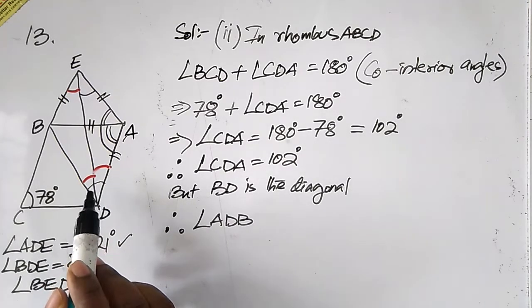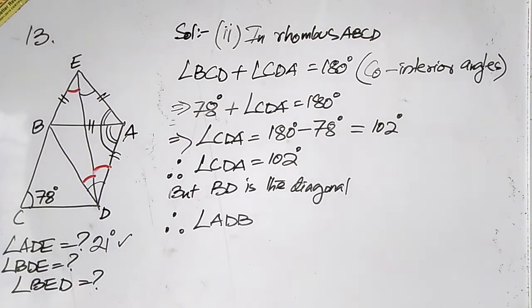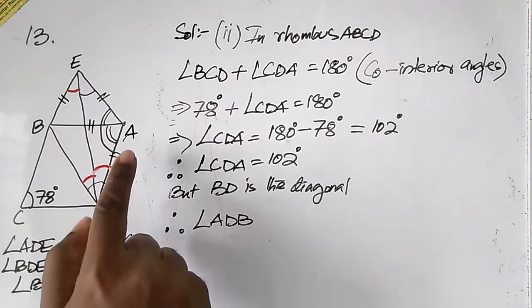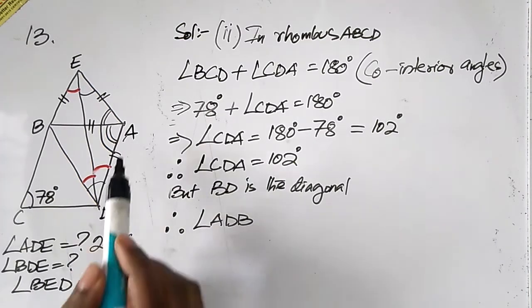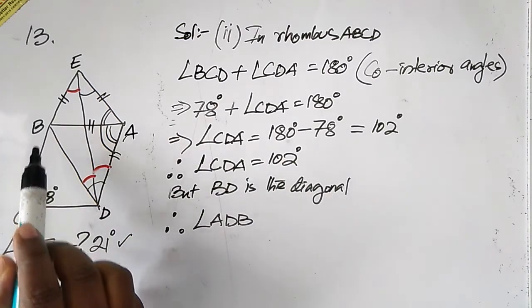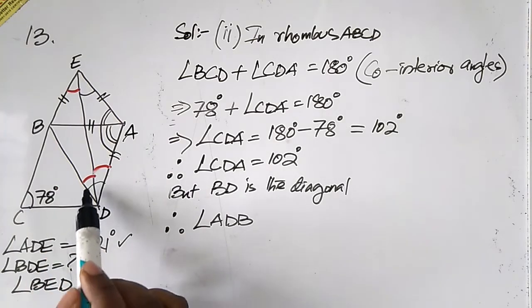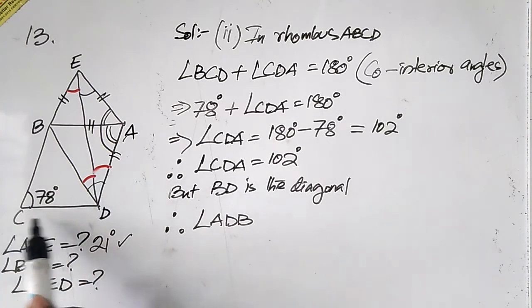Now remember what I told you about the diagonal. The diagonal divides the angle into two equal halves, right? I hope you remember that. And we have found the angle CDA as 102 degrees. So this angle ADB is formed by the diagonal, right? This angle will be half of CDA.